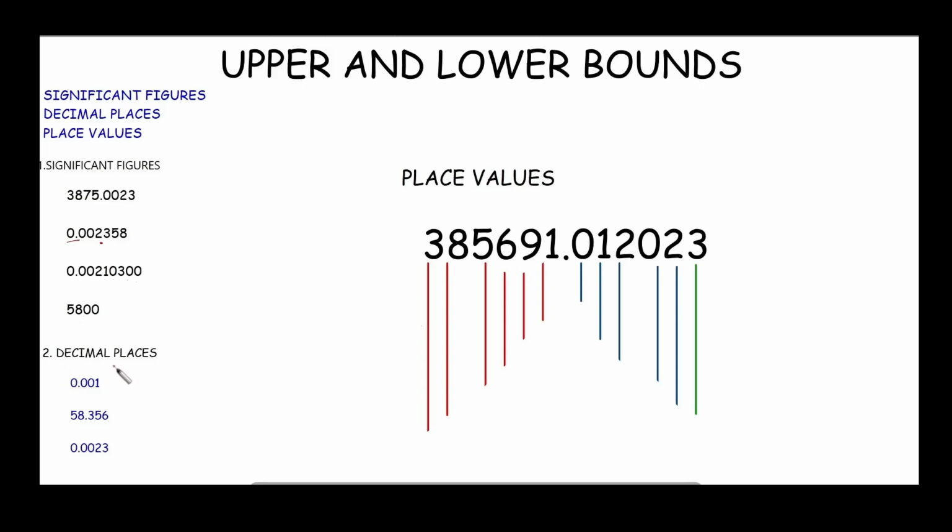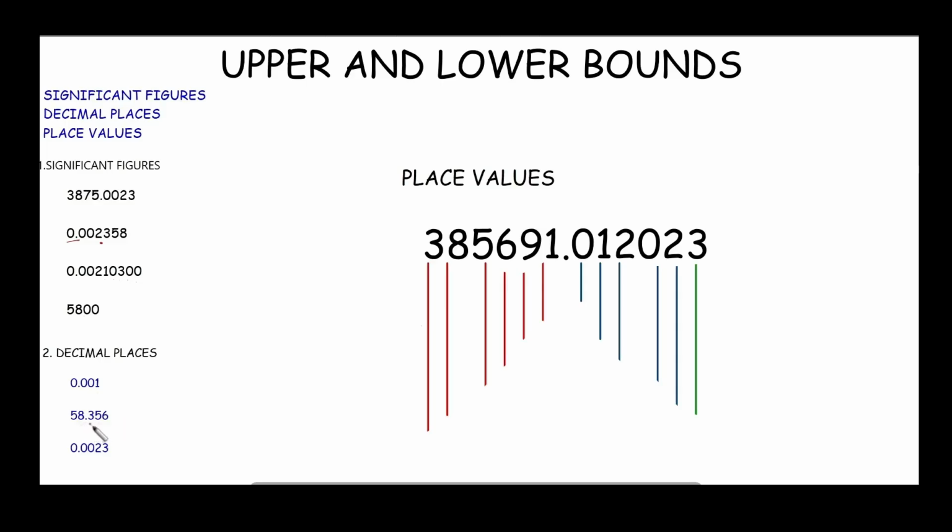Next, decimal places. I think it is so easy. Decimal places start counting right after the decimal point. In 0.001, the first decimal place is 0, the second decimal place is 0, and the third decimal place is 1. Next one, 58.356.